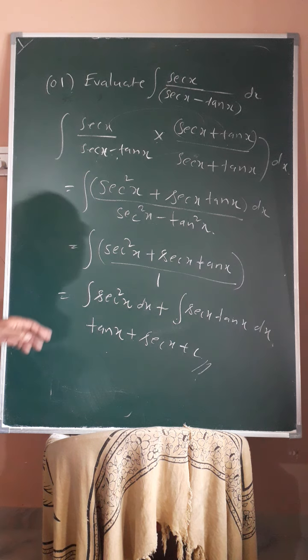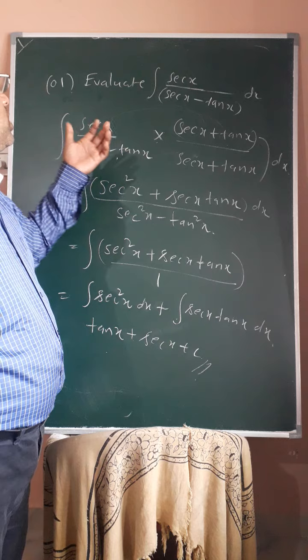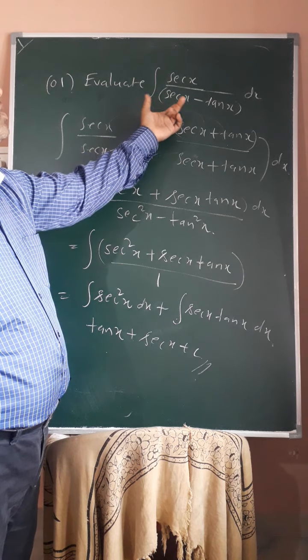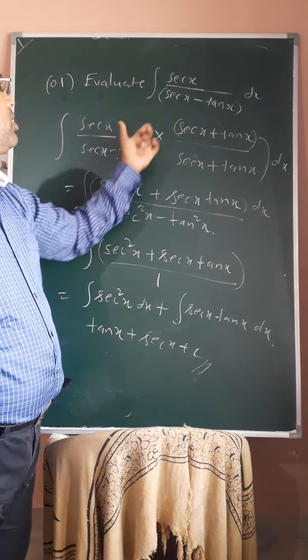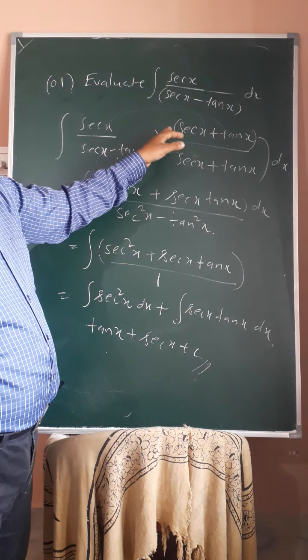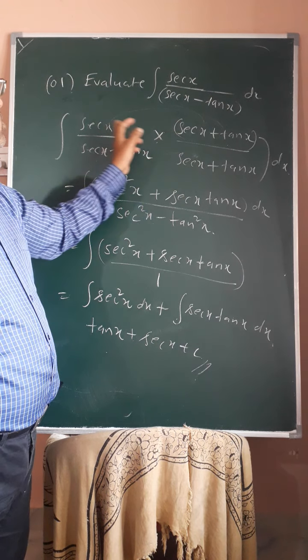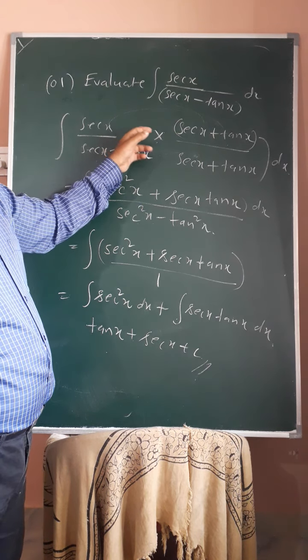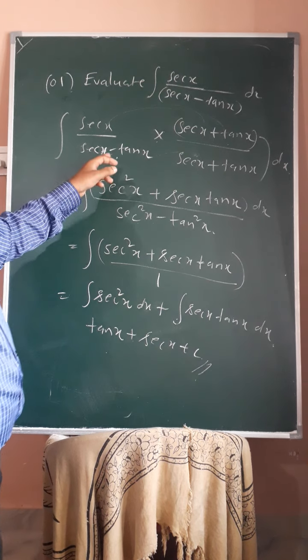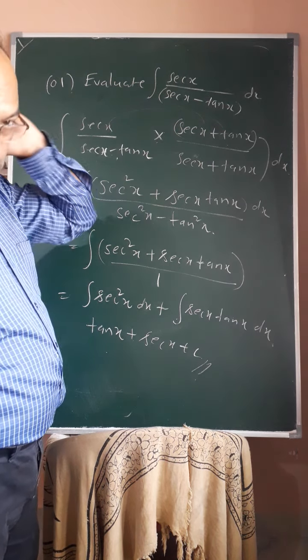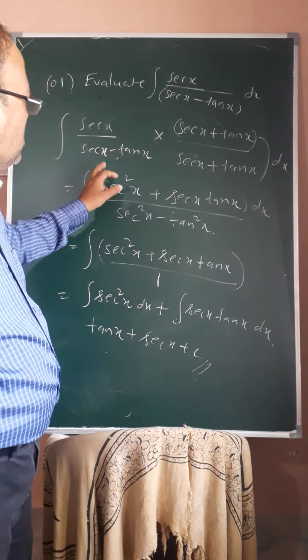So how do we solve this problem? Just take the conjugate of this denominator, multiply and divide by that conjugate.